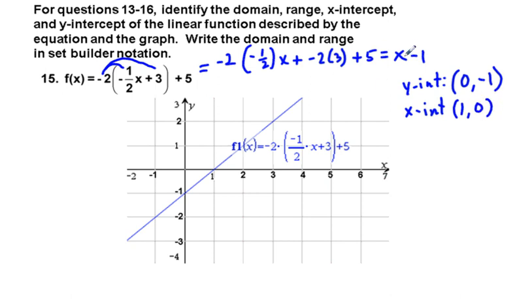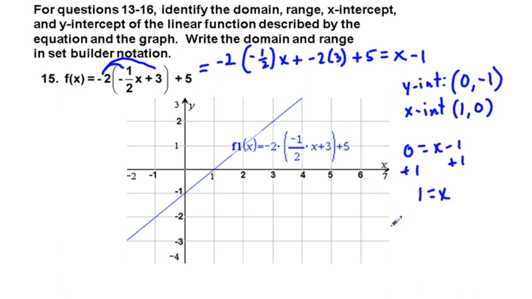And again, we can take this f of x equals x minus 1, so we say 0 equals x minus 1. Add 1 to both sides, we have 1 is equal to x, which confirms our x-intercept up here.